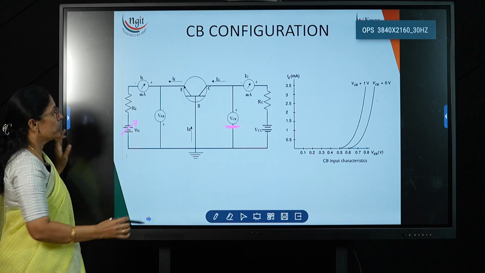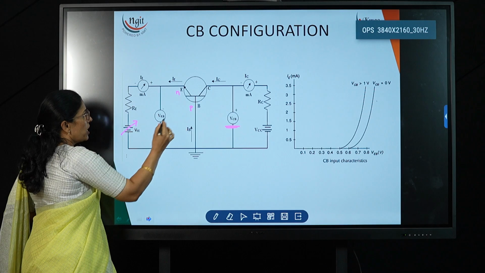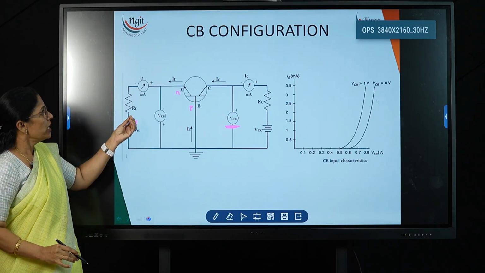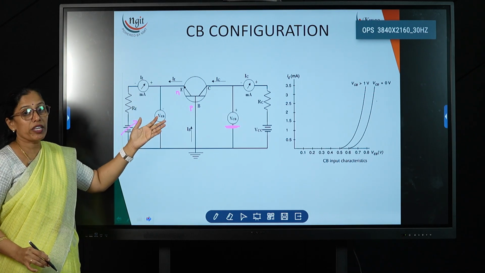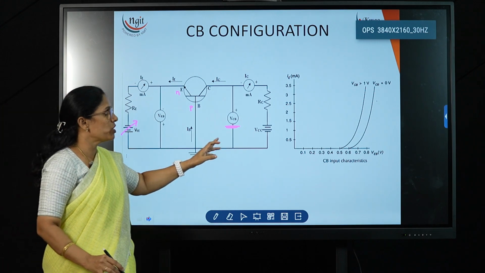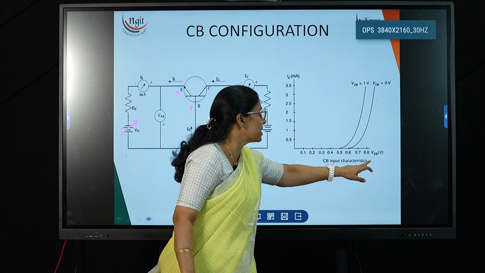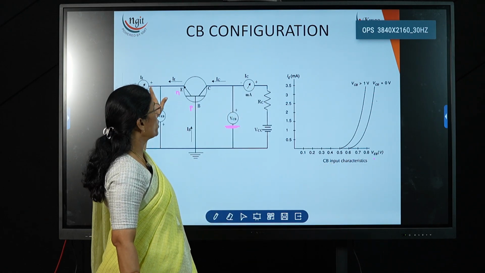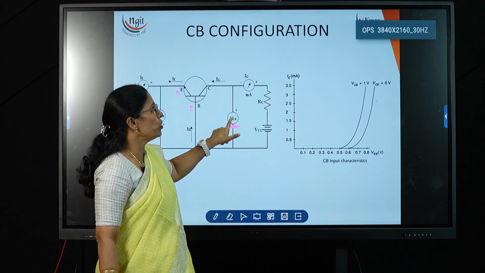Then if you observe here, this is the N material and this is a P. It is nothing but a PN junction, and we are applying the forward bias. So by applying a small voltage, current flows and it operates like a PN junction diode. That's why, to draw the characteristics, on the x-axis we take the input voltage VEB, and the input current IE on the y-axis, by keeping the output voltage fixed.